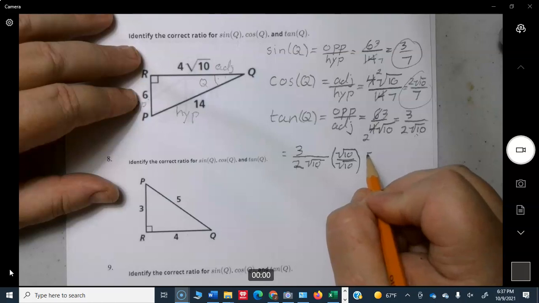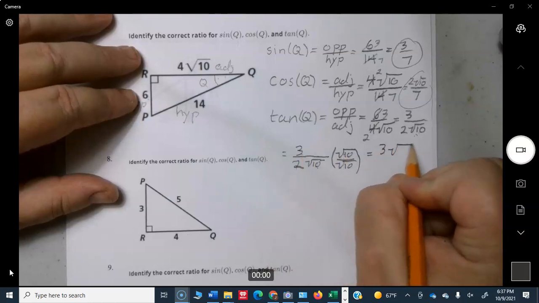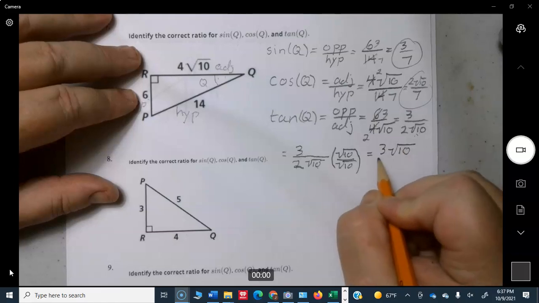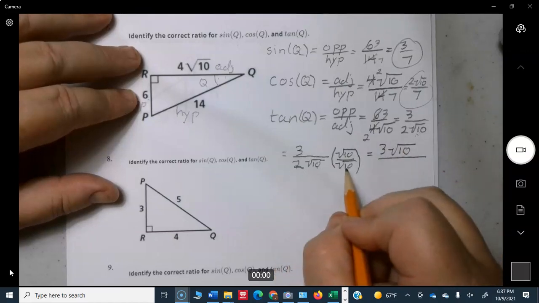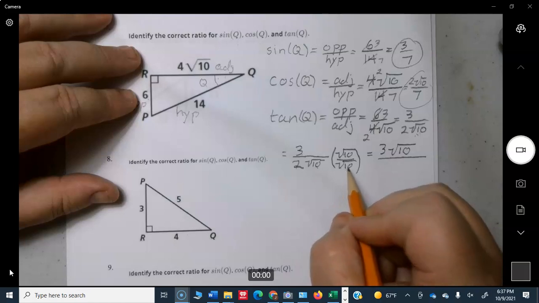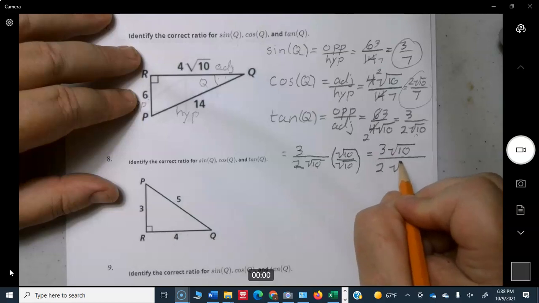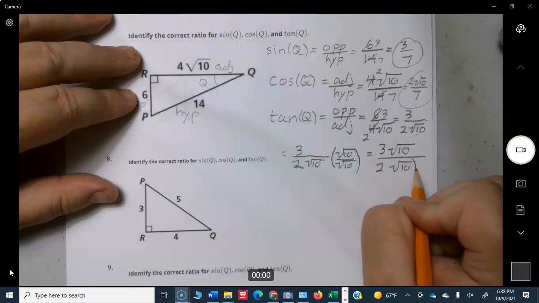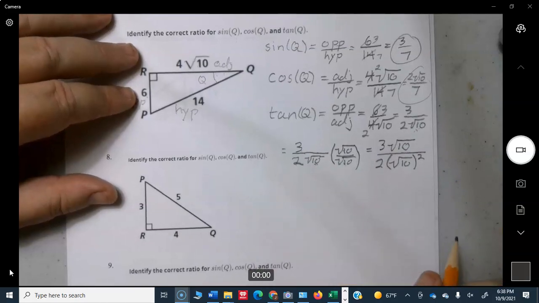This is legal to do. Okay, so here we go. The top is going to be 3 times root 10. And the bottom is going to be 2 times root 10 times root 10. So that's going to be 2 times the square root of 10 squared. You only square the square root of 10. That's what's being multiplied together.